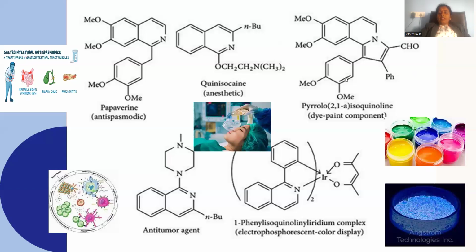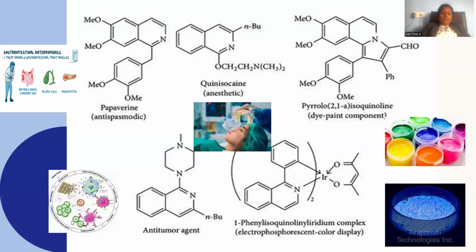And here is a kind of isoquinoline fused with this pyrrole, and here is the benzene ring, which is in contact with this pyrrole ring. And this is also called a pyrrolo-isoquinoline compound, a dye paint compound. It has medicinal chemistry applications. It is working like a pigment coloring agent. And here an anti-tumor agent is provided, which is composed by the isoquinoline core.